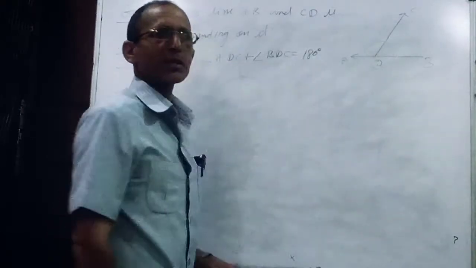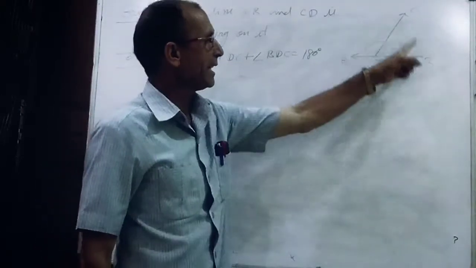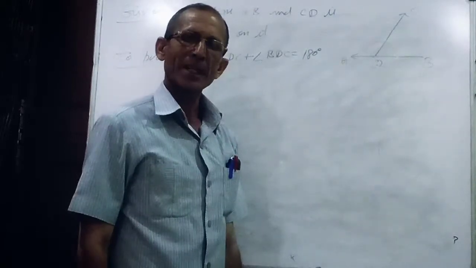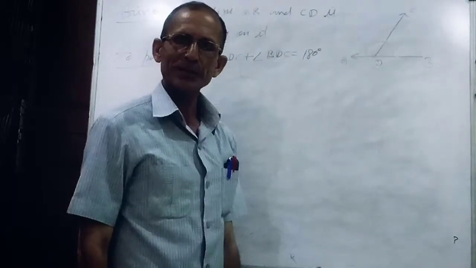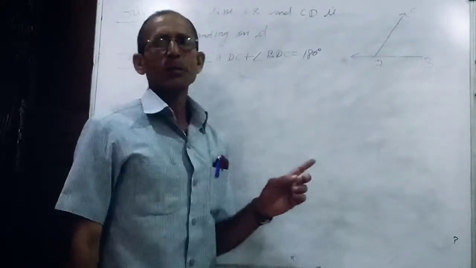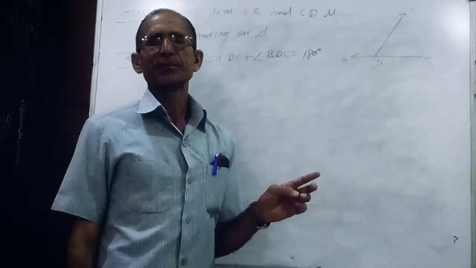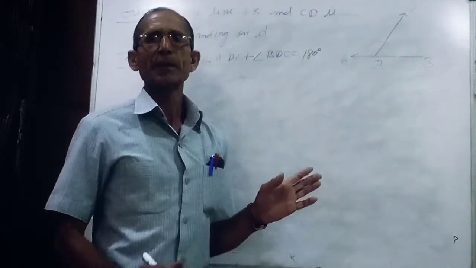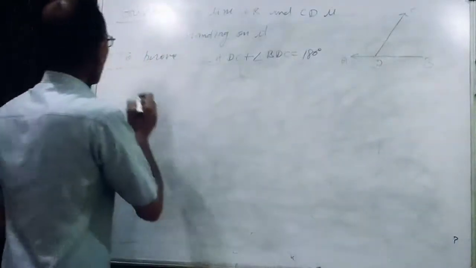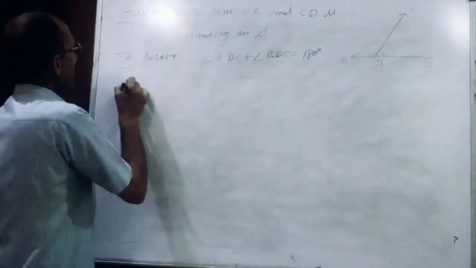We have to prove this. Up to here, any doubt, any confusion? Now, for this proof, we need construction. In a theorem, sometimes we need construction. So here we need construction.